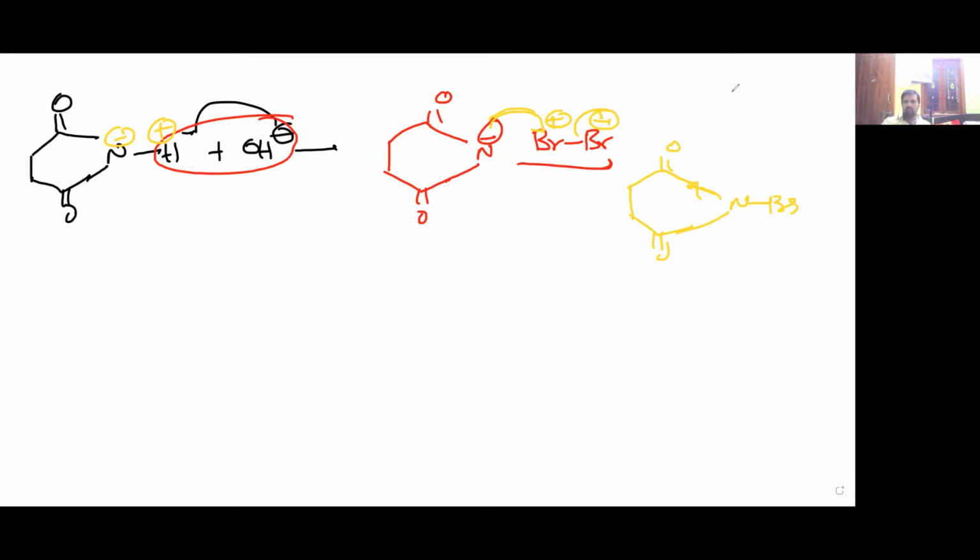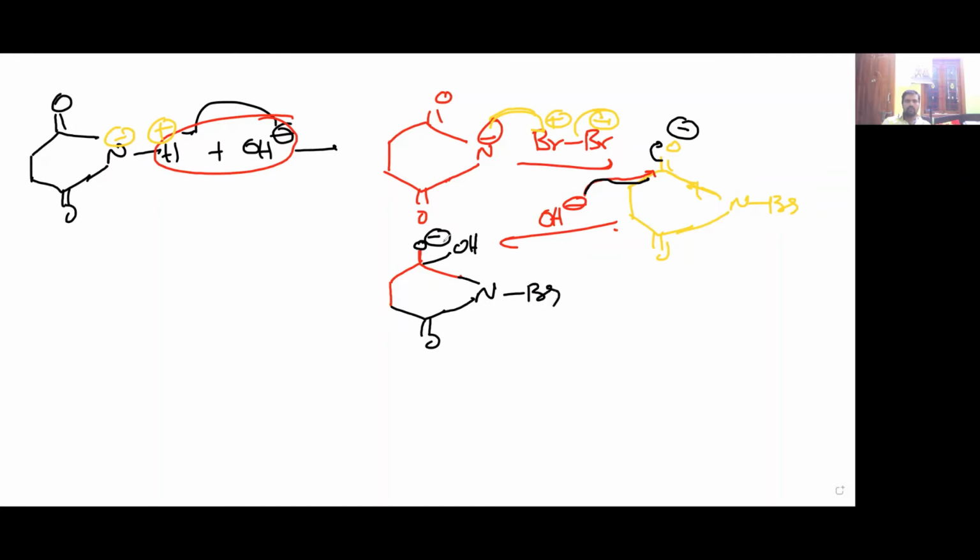After this, what will happen? This is treated again with water. Water gives a nucleophilic addition reaction. This is O minus, and here OH minus attacks. After that the bond shifts like this, O minus. So this is another way OH is connecting. This is N-Br.